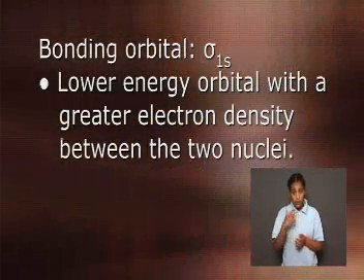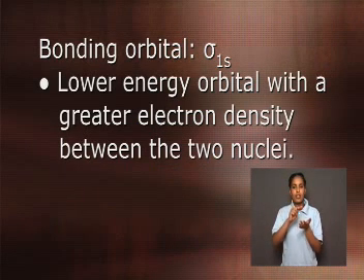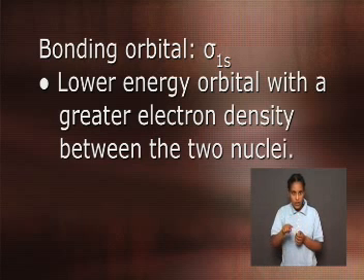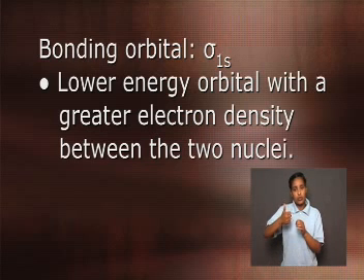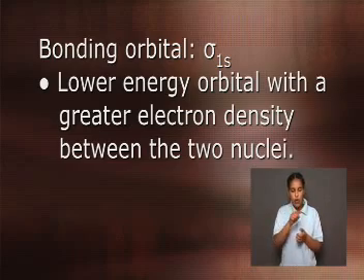As we discussed, the lower energy orbital has greater electron density between the two nuclei. This is the bonding molecular orbital, and it is lower in energy than the original 1s atomic orbitals of the hydrogen atoms. This makes the bonding molecular orbital more stable.